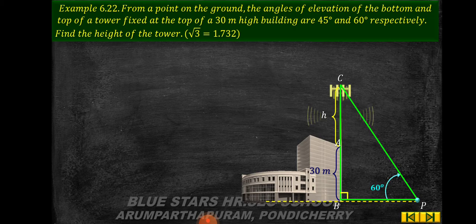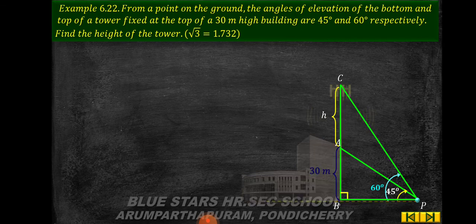The angle is 60 degree. Then the angle PBA is 45 degree. So now you get a right angle triangle, right angle at B. Again you get two triangles.